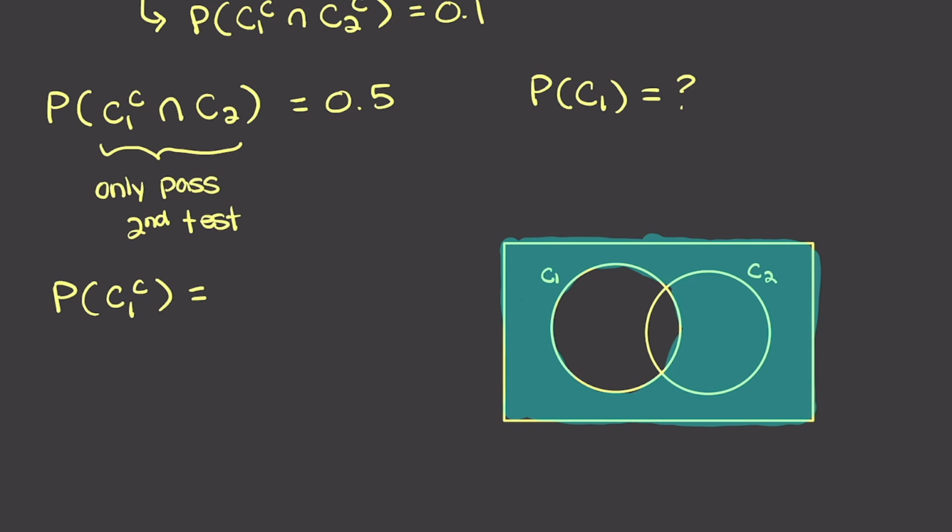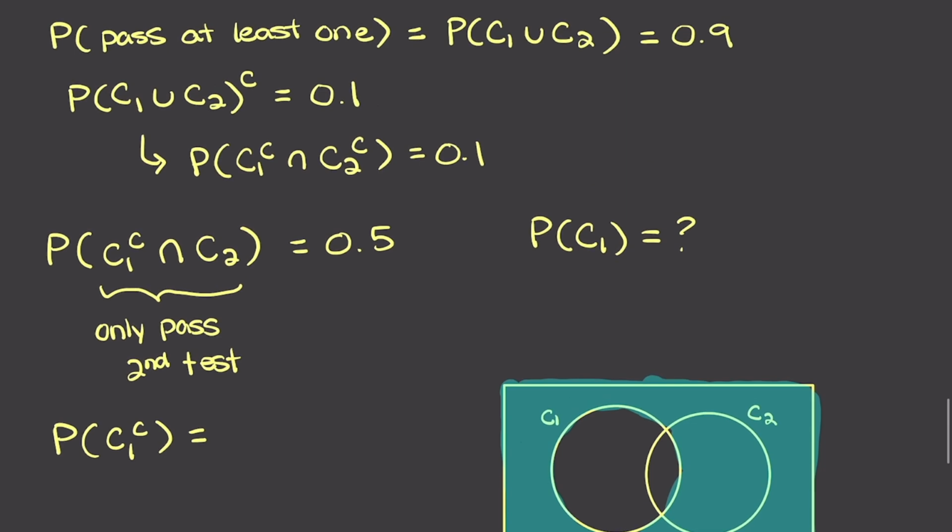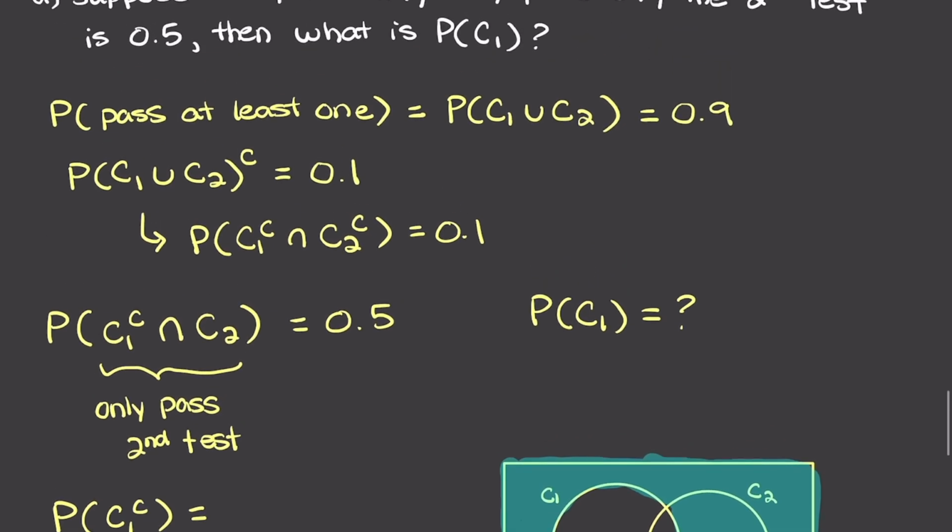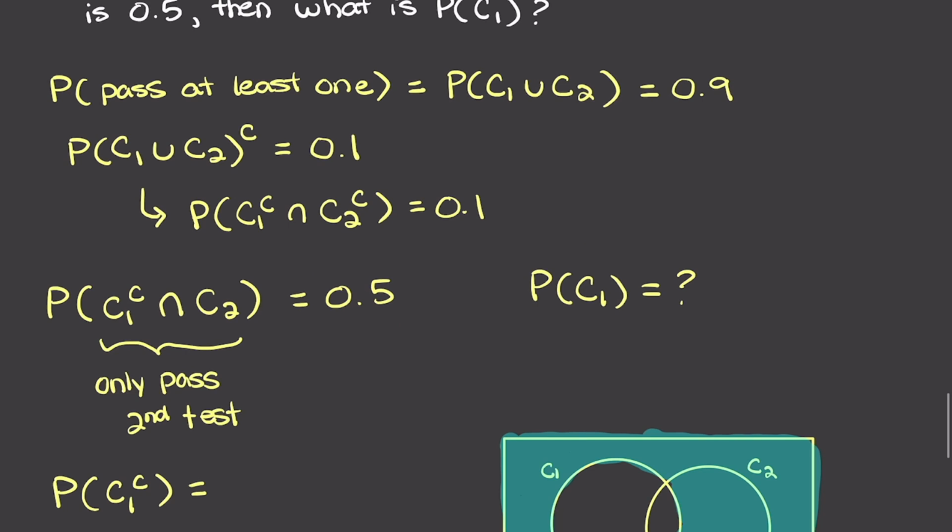Now, how can we put together different pieces to get that area? Let's look at the information that we have. We know that the probability of C1 complement and C2 is 0.5.